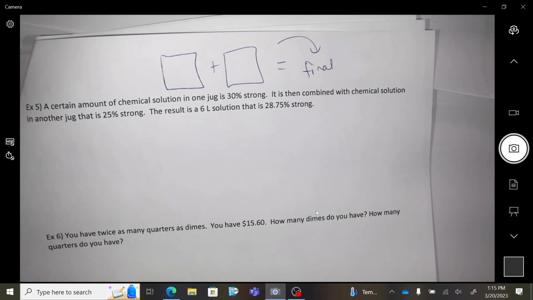So when they talk about a chemical solution, do you understand what that means? Let's pretend this jug here is a chemical solution. Do you think this whole thing is chemical? No. Well, how do you think it was made? A mix of a little bit of chemical with water.